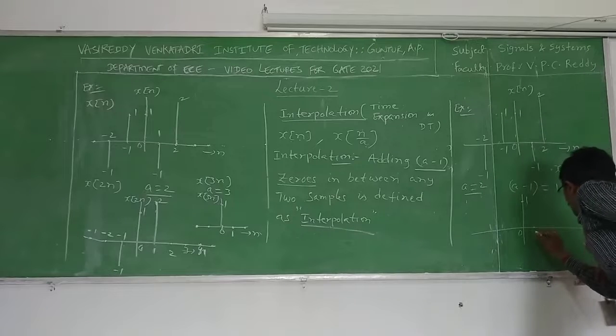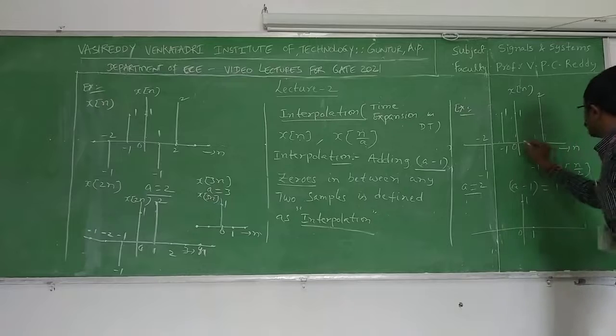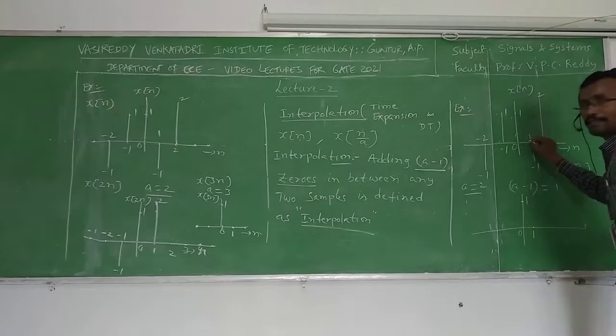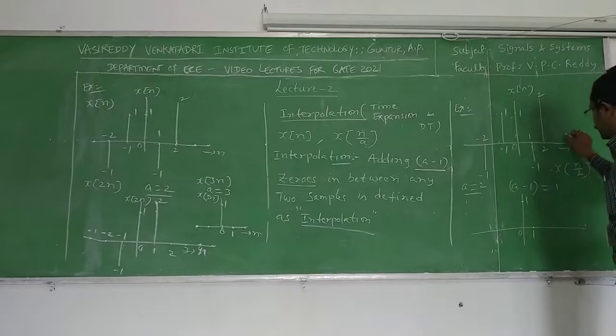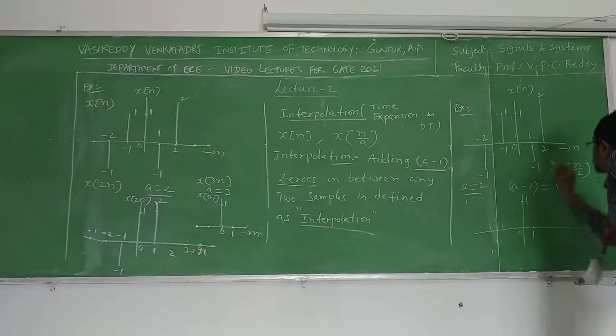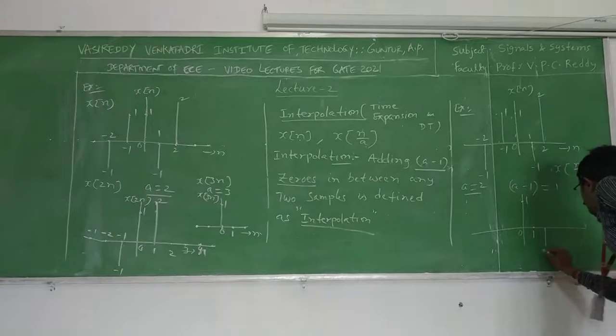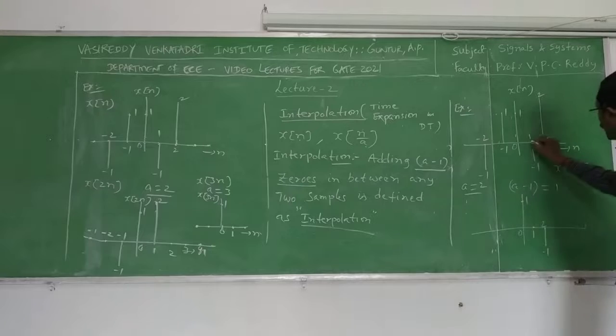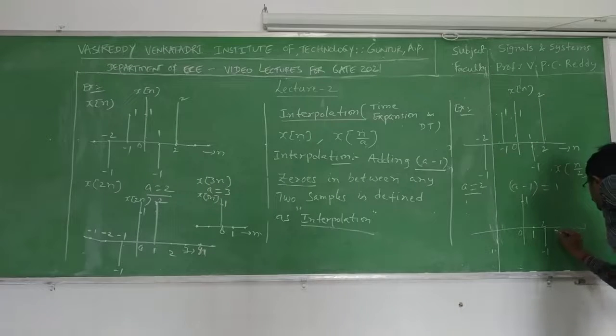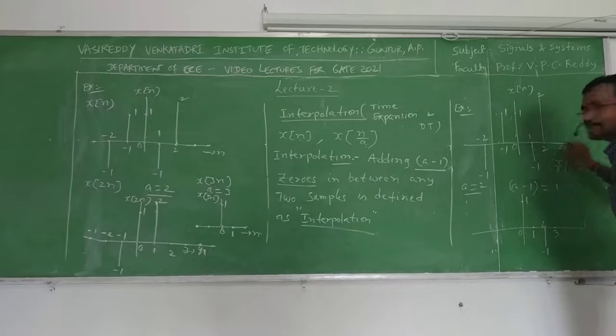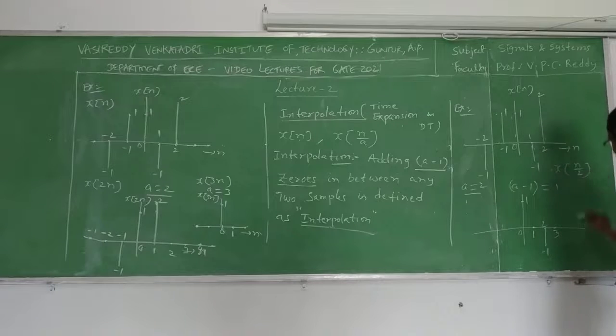Now the sample which is at n is equal to 1 will move to n is equal to 2, because we are adding a zero. At n is equal to 2, the value is minus 1. After this, again we have to add 1 more zero, so at n is equal to 3, 0. The sample which was at n is equal to 2 is now at n is equal to 4. At n is equal to 4, the value is 2.